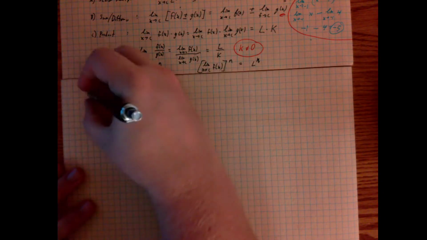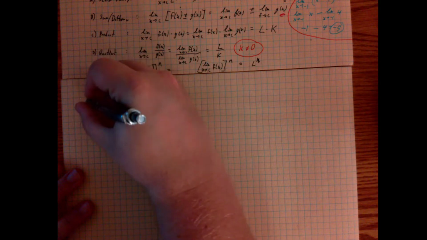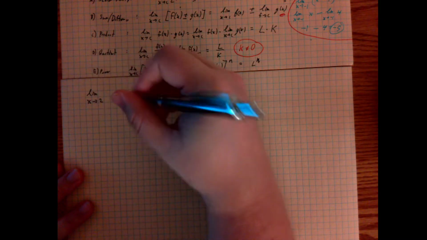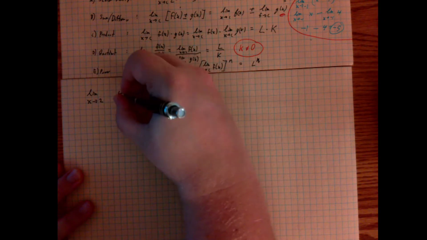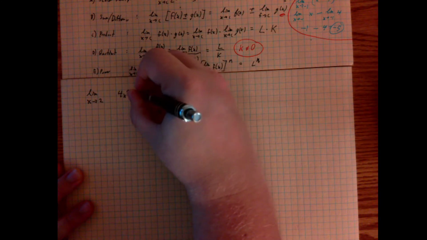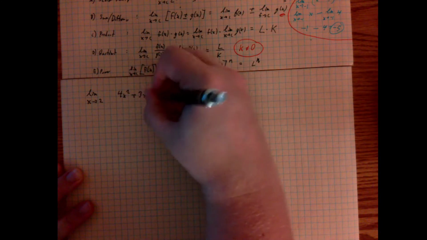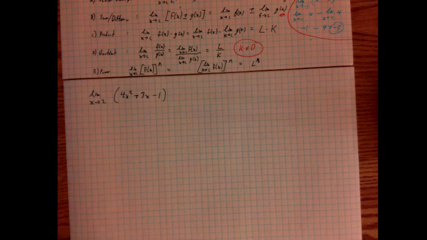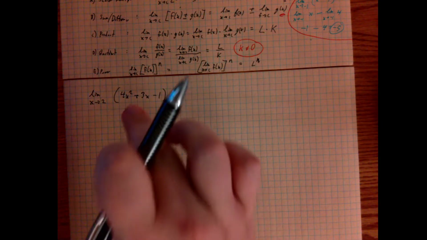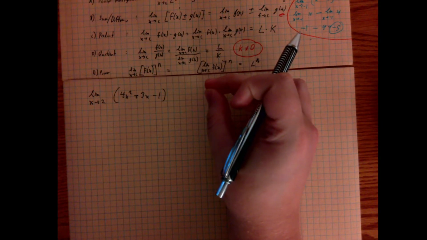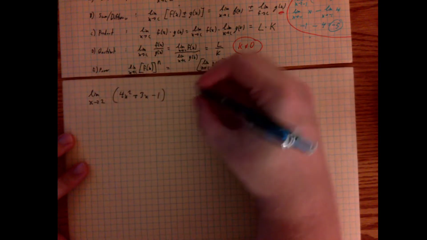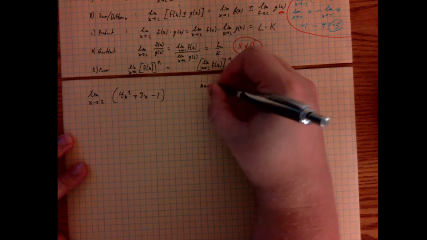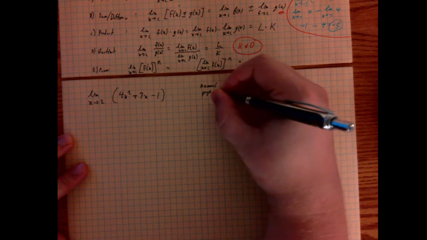Let's take a look at this limit. If I want to do the limit as x approaches 2 of 4x squared plus 3x minus 1. Okay, first thing to point out here that is really frustrating is without the previous 2 theorems, I cannot evaluate this limit except by doing the numerical approach or the graphing approach.